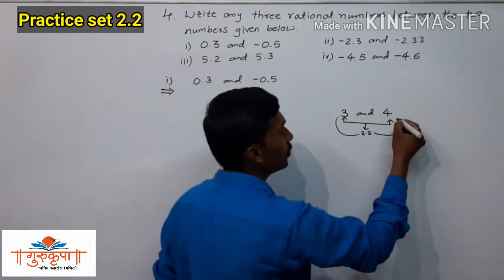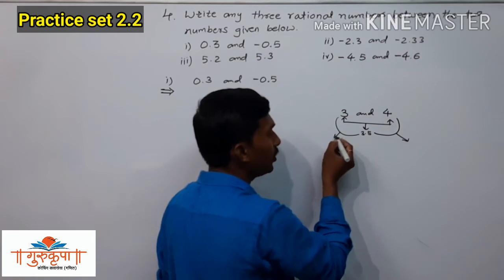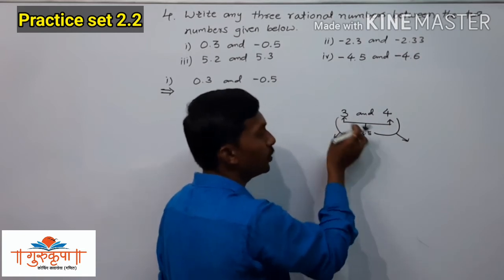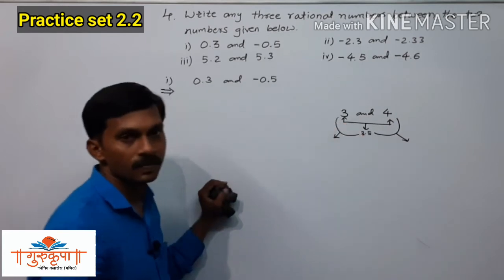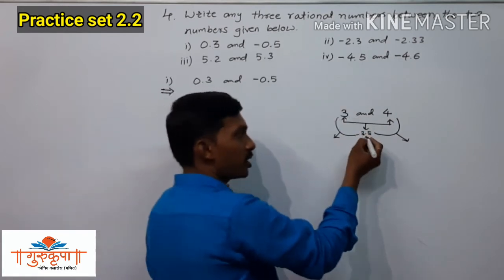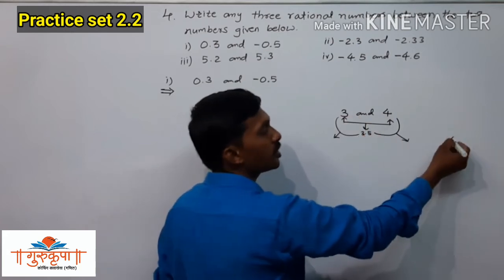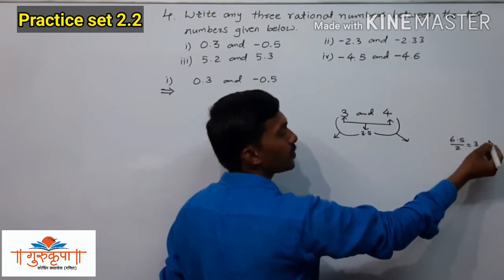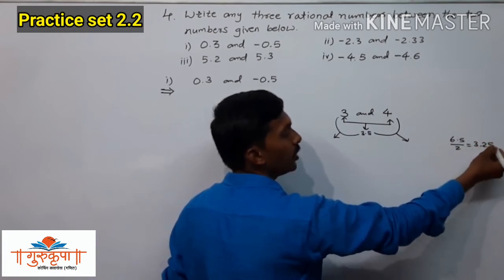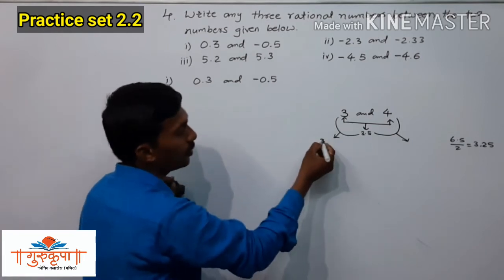How? Adding 3 plus 3.5 and dividing by 2. 3 plus 3.5 is 6.5, divided by 2 is 3.25.